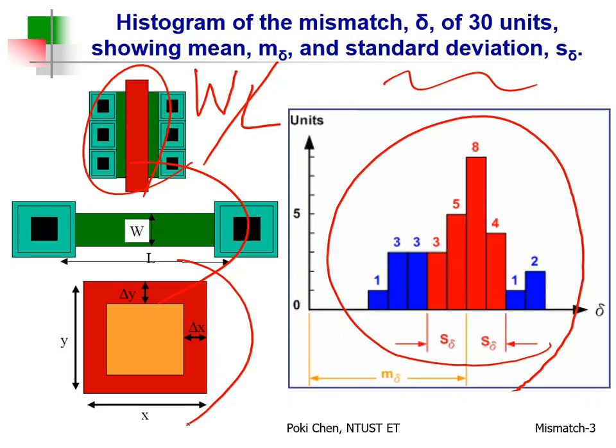I don't care, I don't mind. Everything after fabrication will have something very similar to this. It means nothing will be perfect after fabrication. After fabrication, you always have such kind of variation for any kind of parameter.